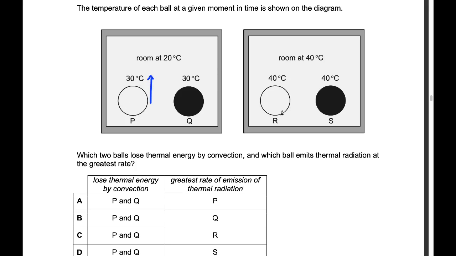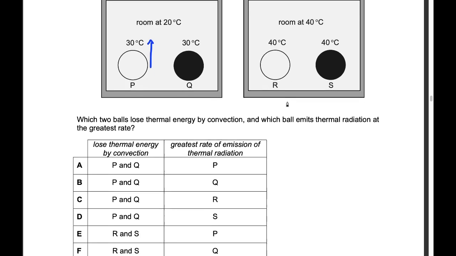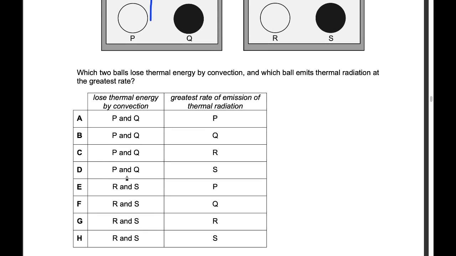Whereas R and S, they're at the same temperature as the air particles in their room, so they will not heat up the air at all and won't cause any of these convection currents. So we're looking for only the ones that give P and Q as the loss of thermal energy by convection. So it's just these ones here.